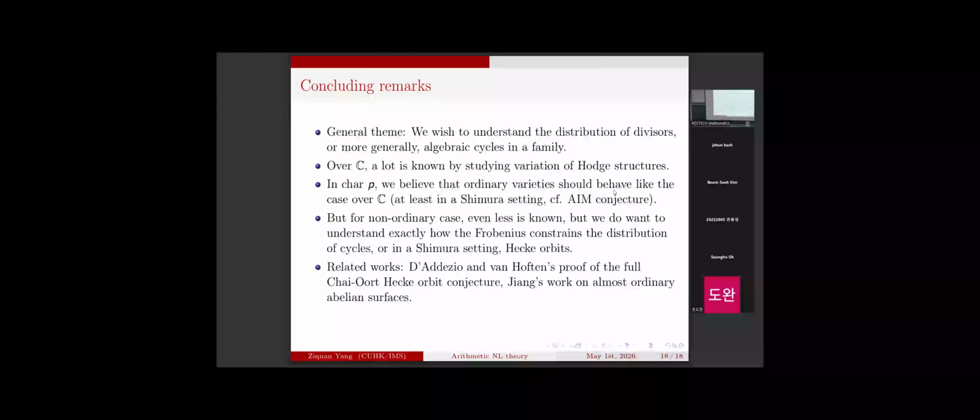So the central leaf is some refinement of the Newton stratification, if you like. So that gives us something on what to expect in a non-ordinary case.